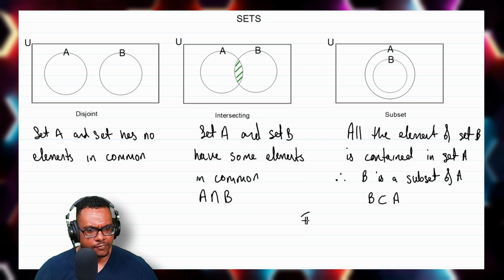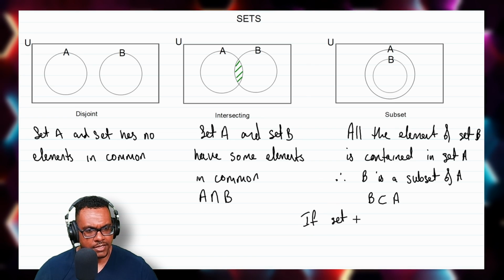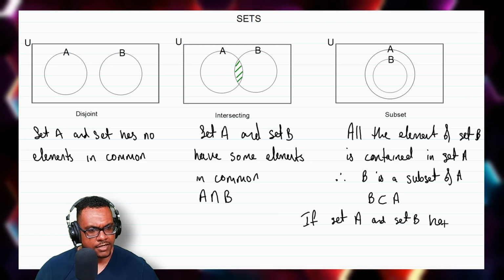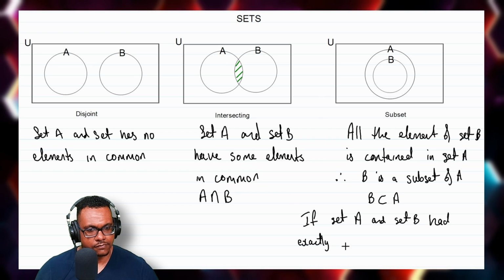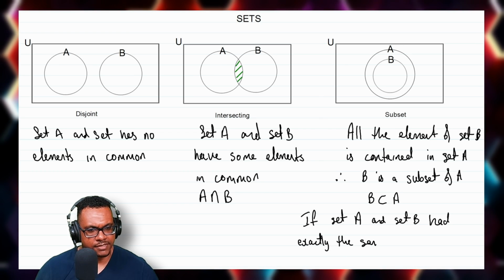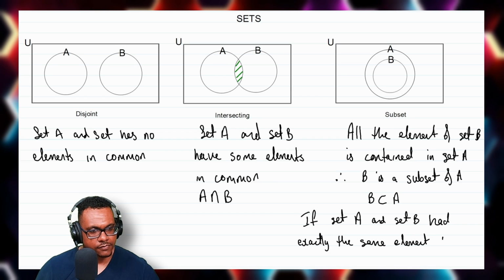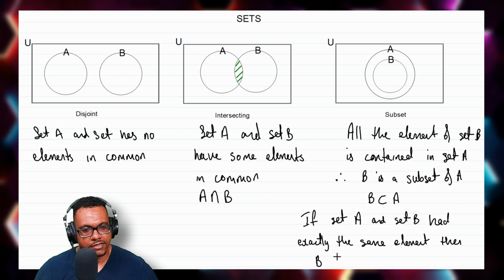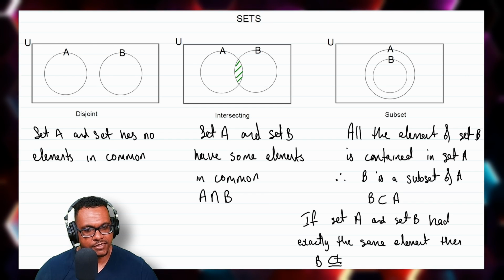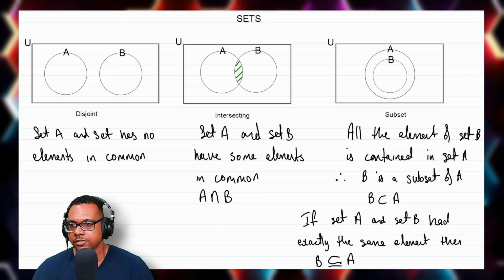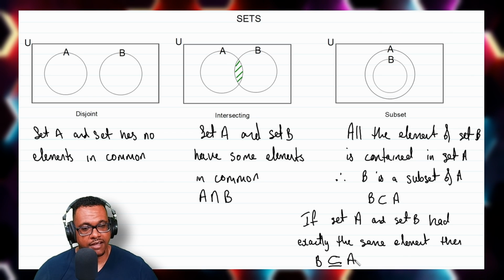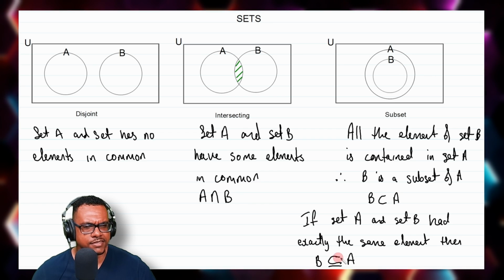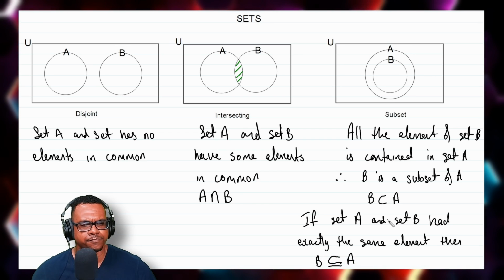So, if set A and set B had exactly the same elements, then we will write the same subset, but we'll put B, put the subset symbol, but we put this line below it, A. So this still means B is a subset of A, but if they have the same elements, they are essentially equal to each other, okay? And this is the symbol that we use for a subset. Same subset symbol, but with a dash below it.